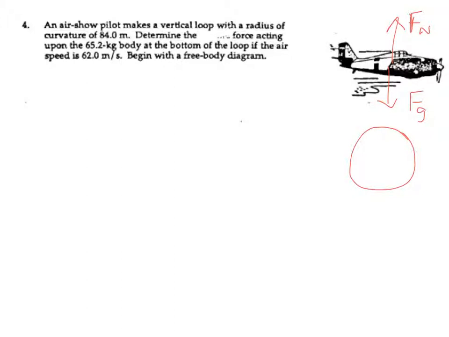And we're moving in a circle, and we are at the bottom of the loop. So if this is my circular path, here's my airplane pilot, and then we've got one force acting up, the normal force, and then gravity acting against that.